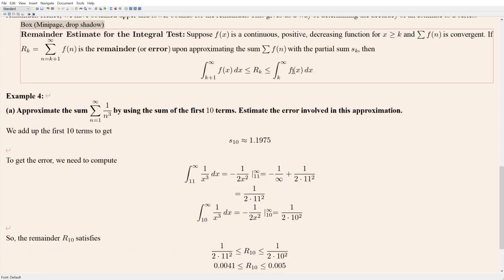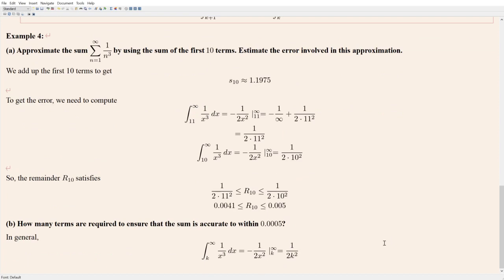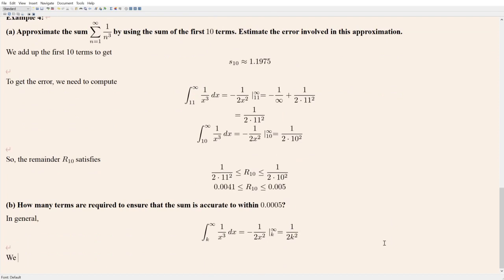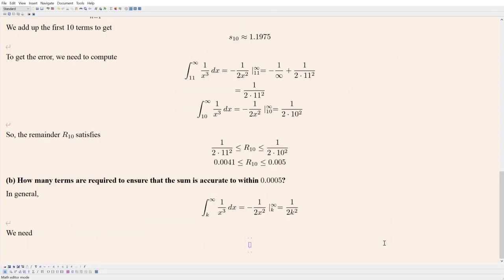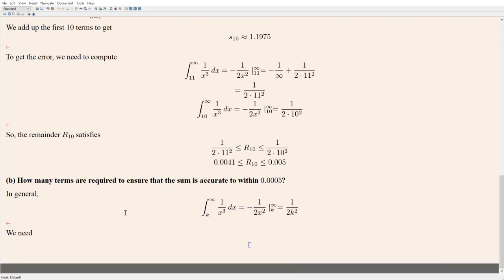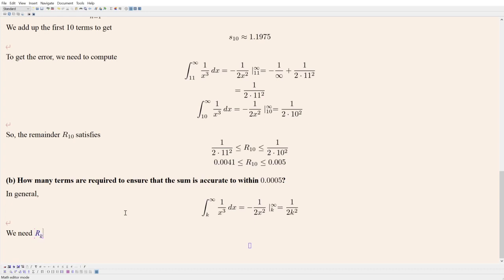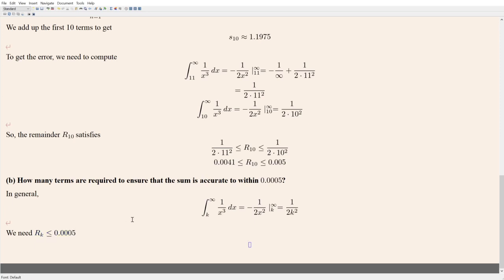So that's going to be the upper bound of the error. So to get the error smaller than this, for what value of k?